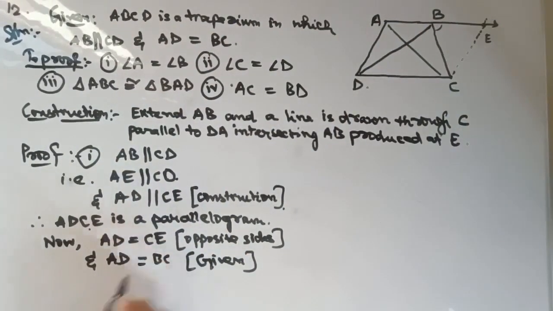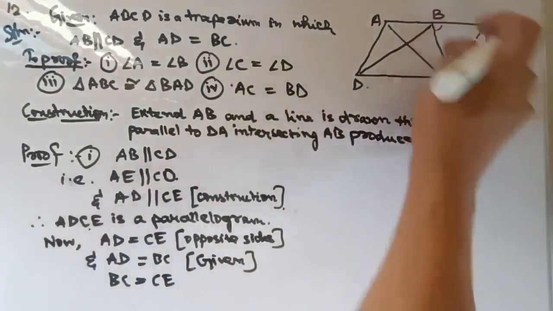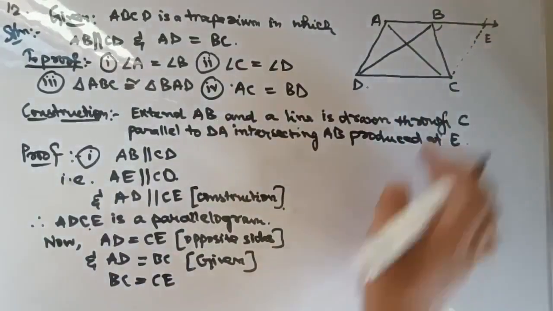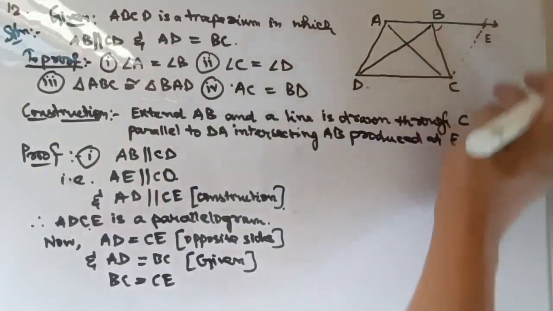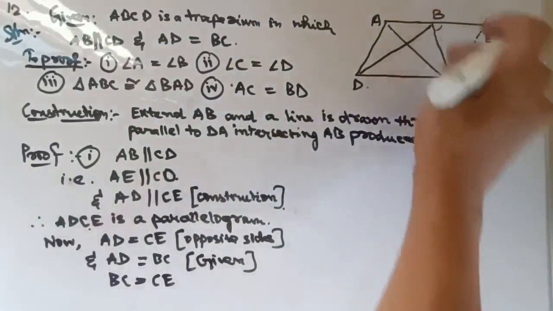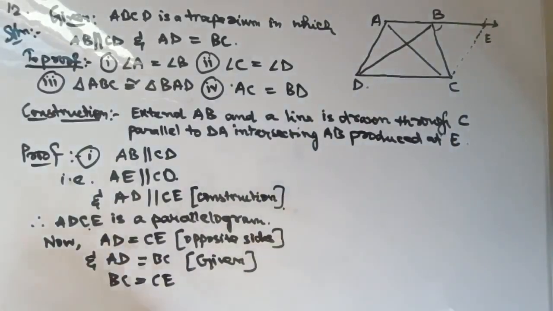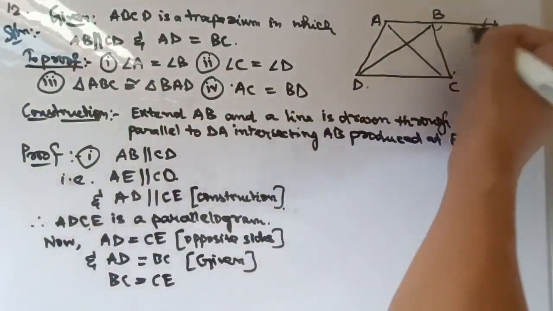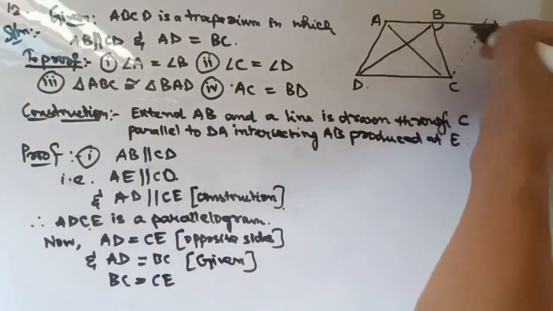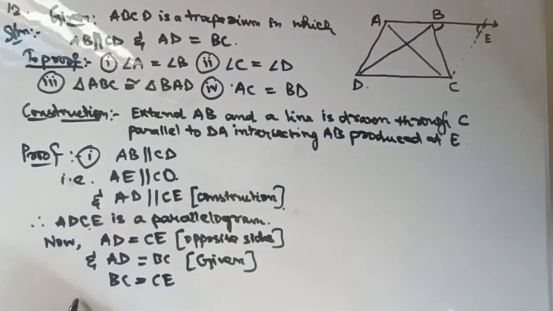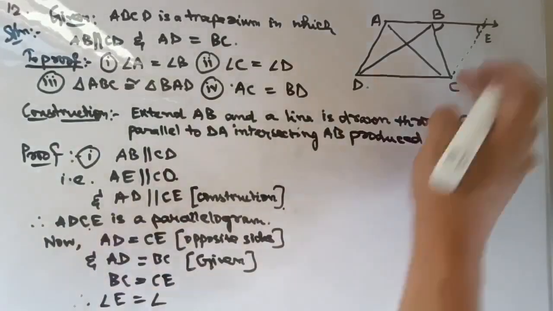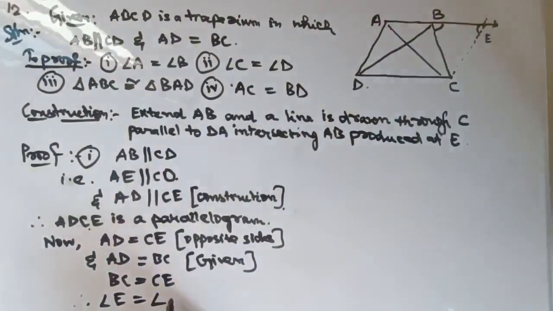So from these two, we can say that side BC is equal to side CE. Now, in triangle CBE, these two sides, BC and CE, are equal in measure. Therefore, angle CBE and angle E will be of equal measure. So angle E is equal to angle CBE.